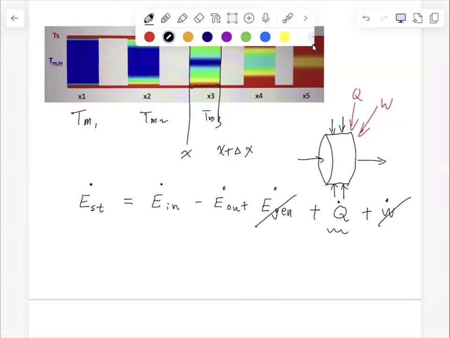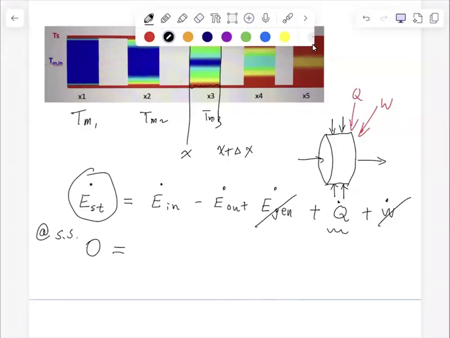This is basically the lowercase q, that's the heat rate, the rate of the heat. And then at steady state, the change of the internal energy equals 0. That's because it's at a steady state.